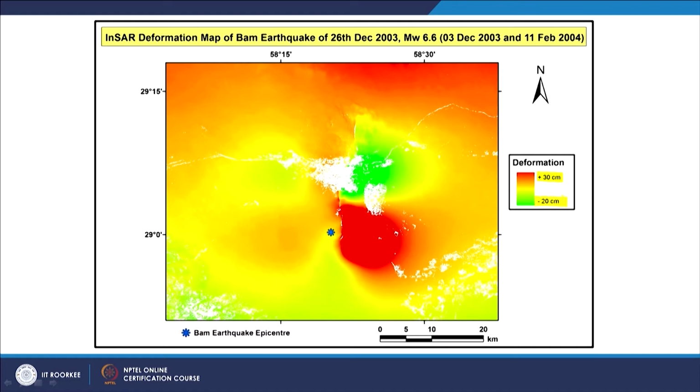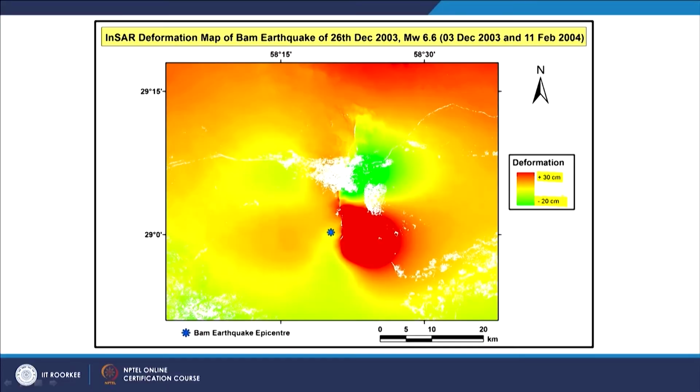So what we can say is that the total deformation induced by that Bam earthquake of 26 December 2003 between these two dates is about 50 centimeter. Half a meter deformation has taken place. Some areas have gone down by 20 centimeters, some areas have got uplifted by 30 centimeter.